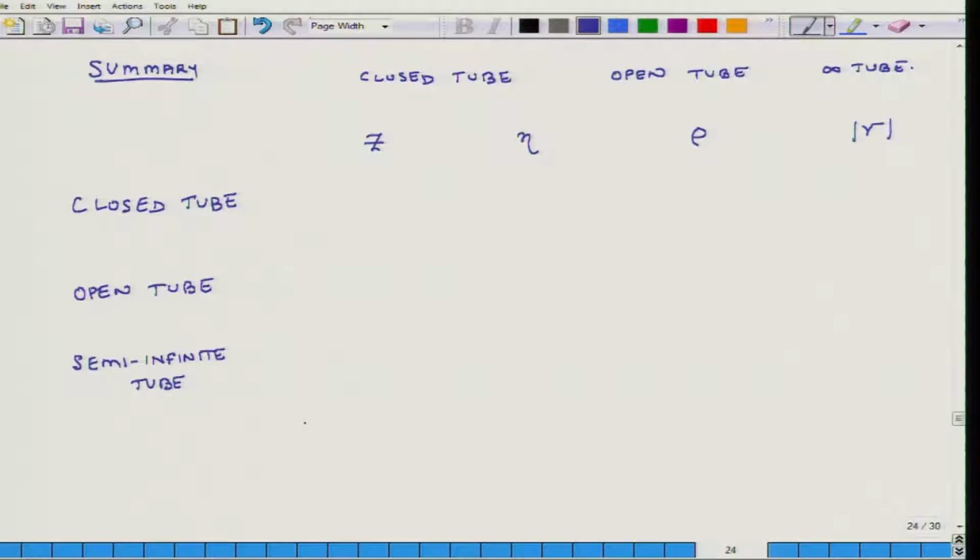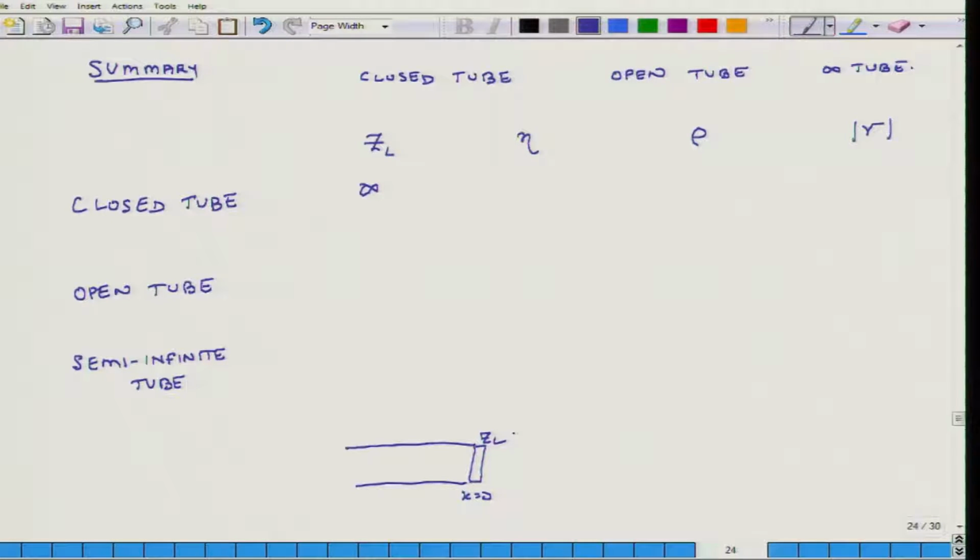So, for a closed tube, Z is infinity. Why? Because actually this is ZL, so it is at the end of the tube, so x is equal to 0 and this is ZL.